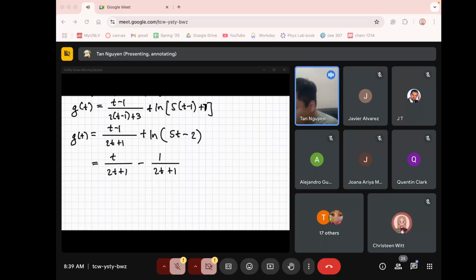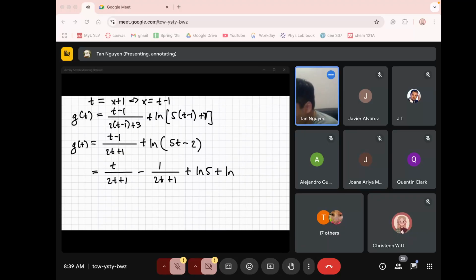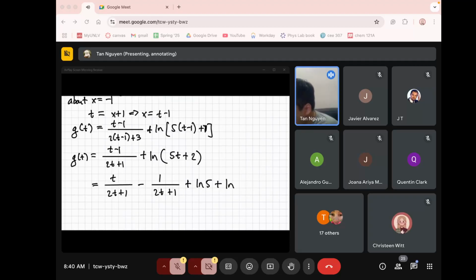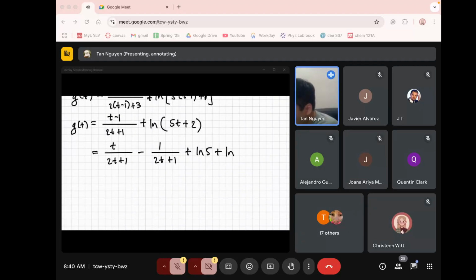What about this ln, guys? We did the same manipulation with it in class, right? We need to factor out the 5 inside and split them. So we're going to get plus ln of 5 plus ln, that should be plus 2, plus ln, factor out of 2, not the 5.